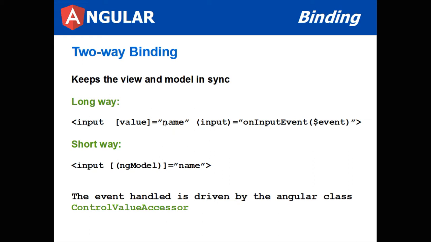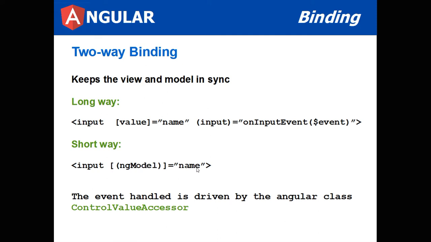So instead of having to implement that with one-way binding, this being one way towards the component, this being one way back to the template, you could use a short way by using the left square bracket and the left round bracket syntax, and say ngModel name.